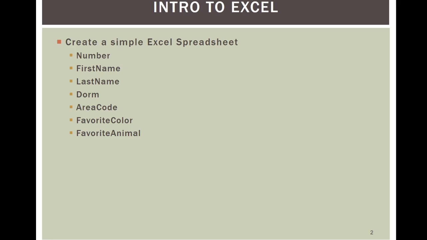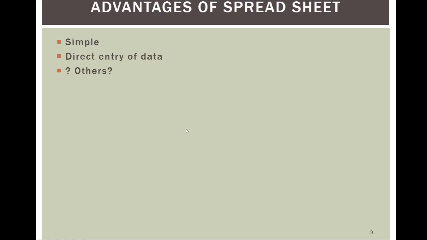Because there is a lot to Excel, and I actually use Excel quite a bit to do different things, and it's very, very useful. But it does have its limitations. Some of the advantages of it are direct entry, really simple, and it has the ability to auto calculate.